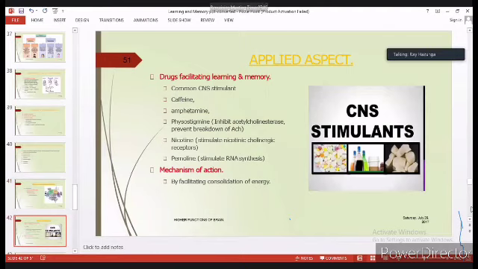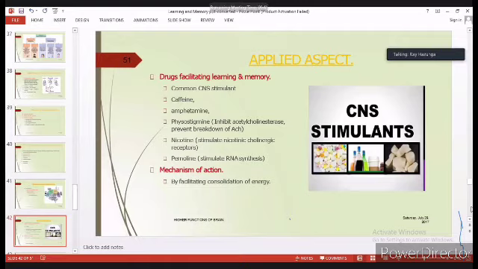So common CNS stimulants like narcotics, people that use drugs, heroin, morphine, codeine, all these drugs they abuse, and all these neurostimulants, they actually help you in enhancing your learning and memory. Drugs like caffeine, also another drug which is abused sometimes.